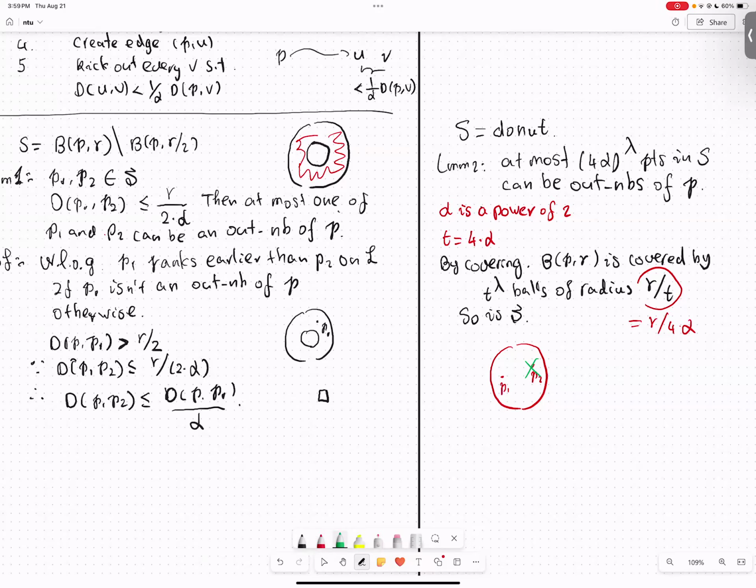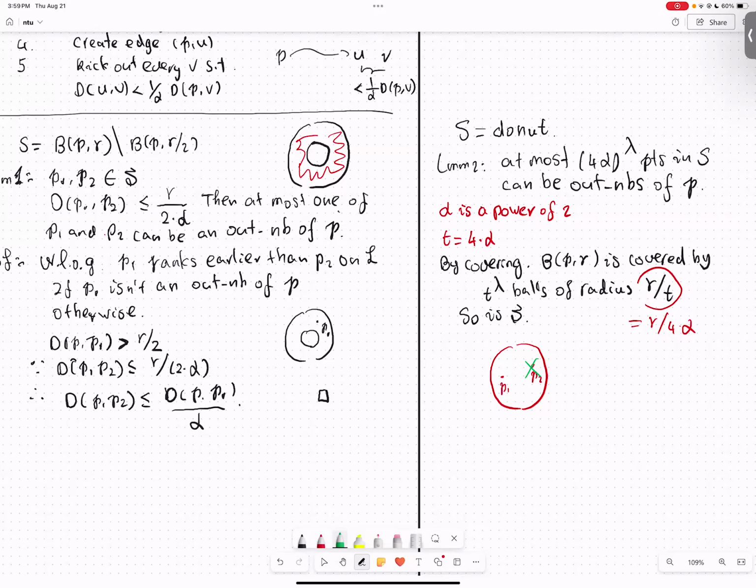So this is an out neighbor of P. So now I've got so many balls covering the donut. Okay, so the donut is here, I cover it with a lot of balls. And I've proved to you that in each ball, I can have at most one lucky guy.